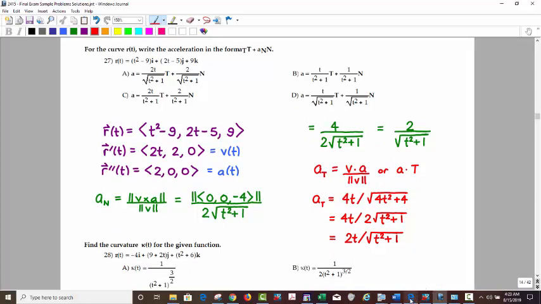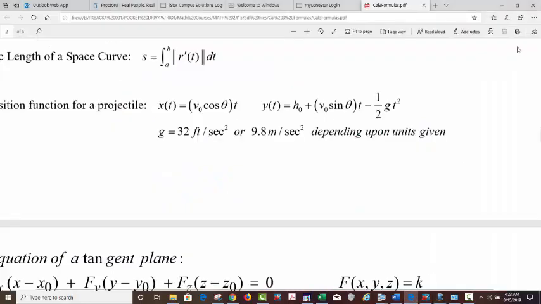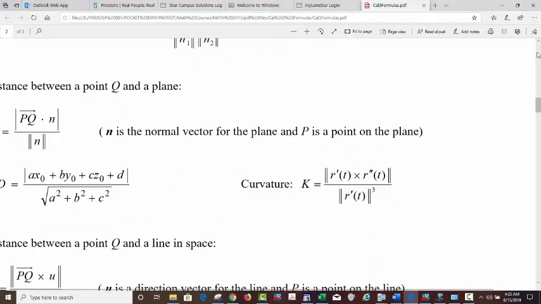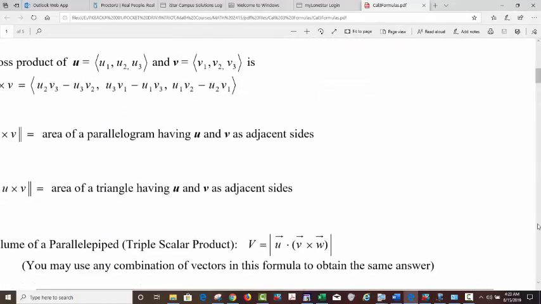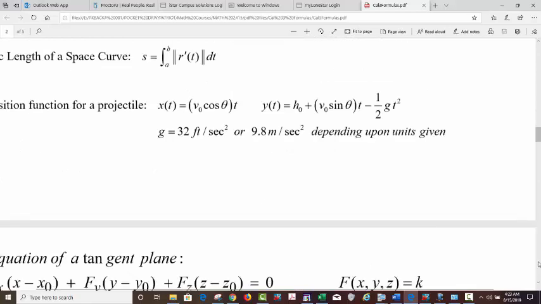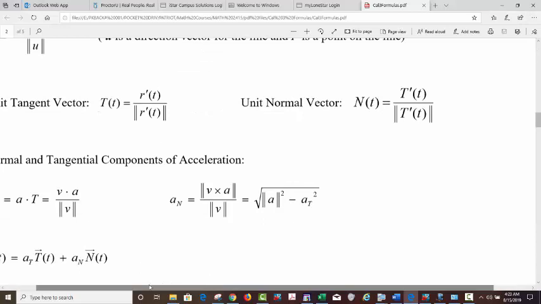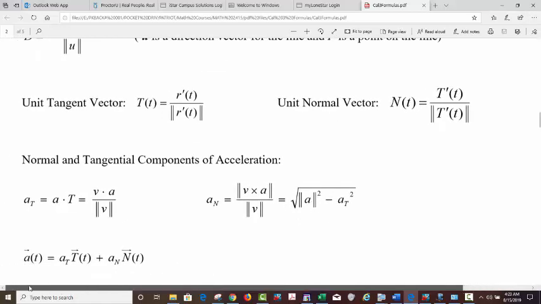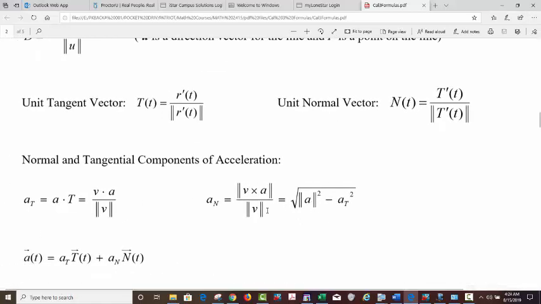I'll show you back on the formula sheet. You can kind of choose whatever way you want here. So here's the AT and the AN right here. On problems when I worked out finding all of the components, to get A sub t, I would have done A dot t here.